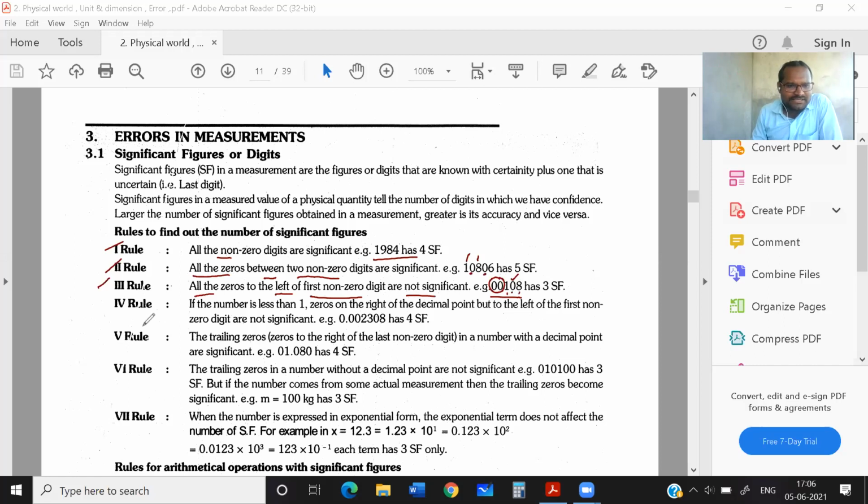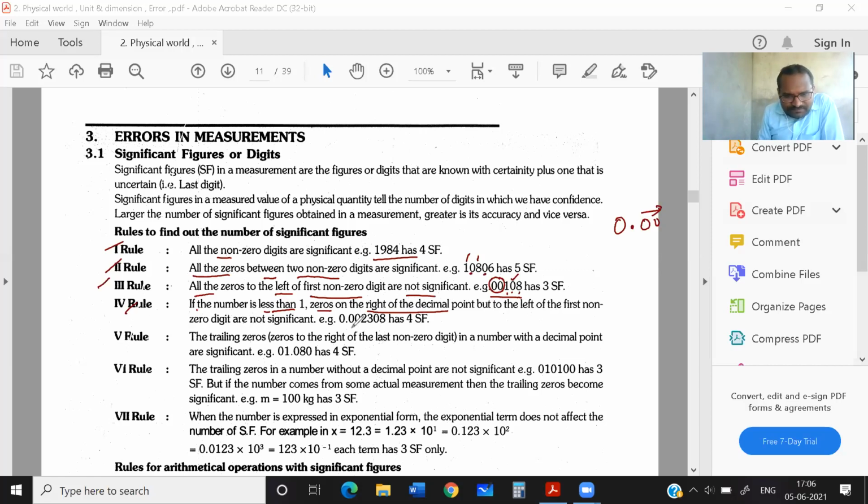Next, fourth rule, if the number is less than 1, means if the number looks like 0.001, 0.123, then the zeros on the right of the decimal point, but to the left of the first non-zero digit, are also not significant.